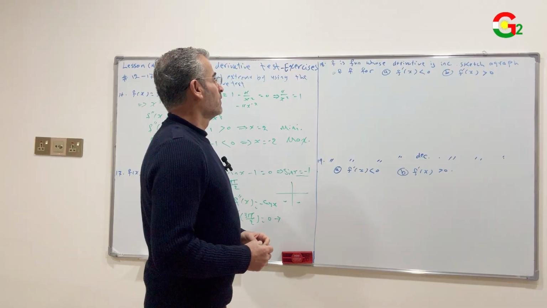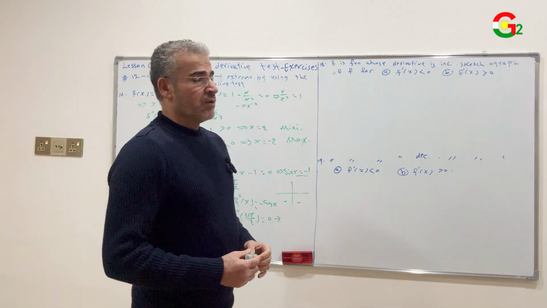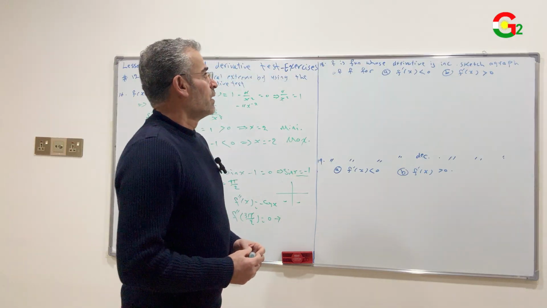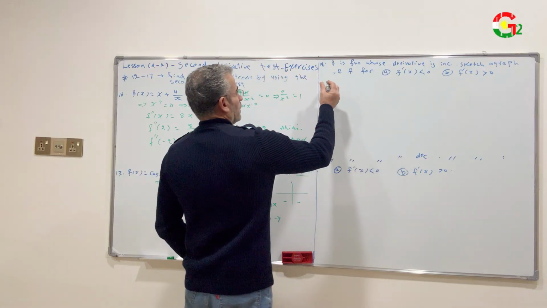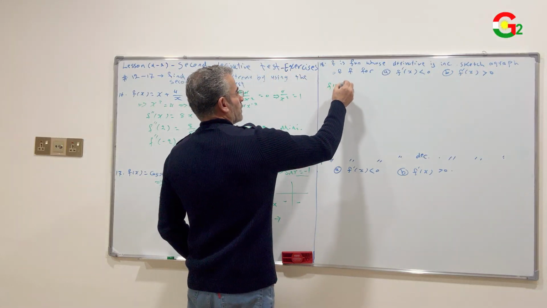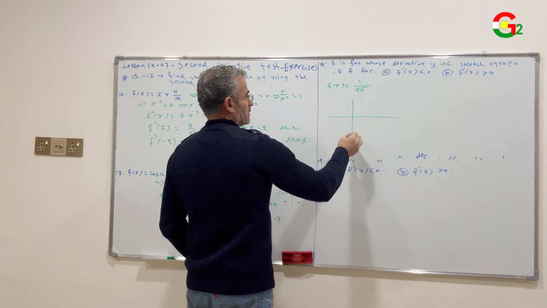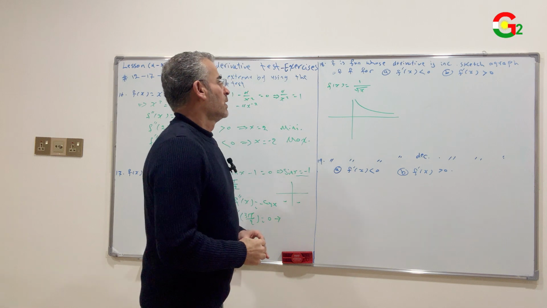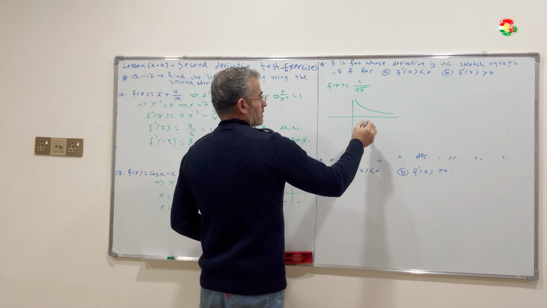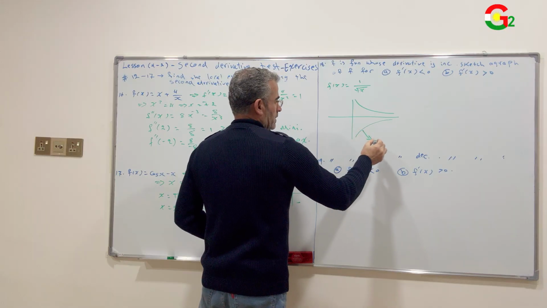f is a function whose derivative is increasing. Sketch a graph of f for (a) when f prime of x is less than 0, and (b) when f prime of x is greater than 0. If f of x equals 1 over square root of x, then the graph of this function is like this shape, and the derivative of the function is like this shape.